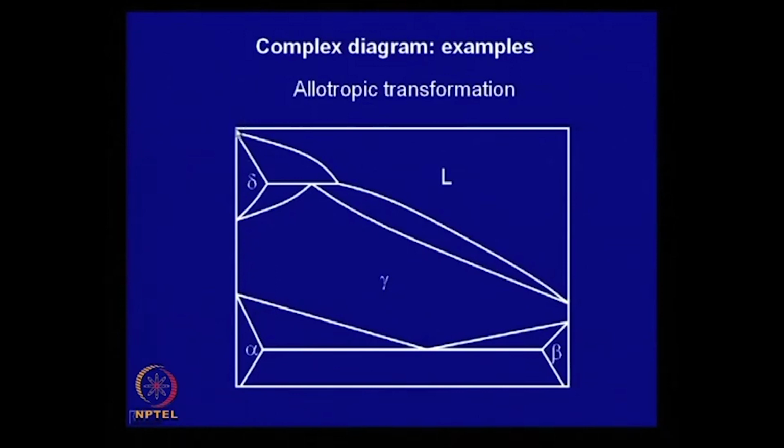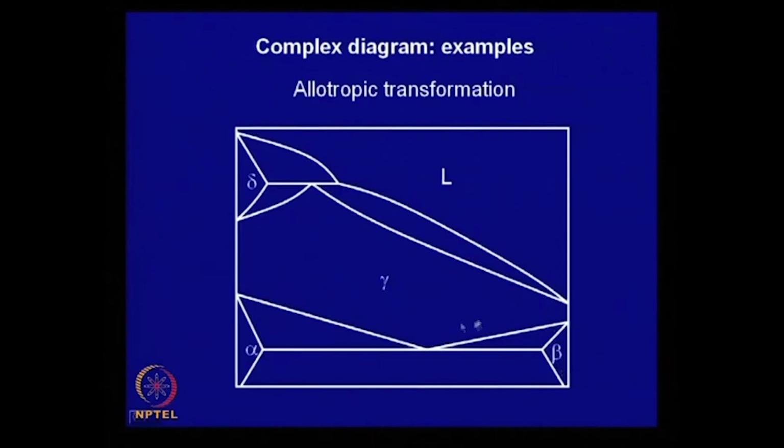So, pure A in this particular case, solid A, undergoes one allotropic transformation, delta to gamma, at this temperature, and again from gamma to alpha at this temperature, and there is a eutectoid transformation at a lower temperature, where gamma dissociates into a mixture of alpha and beta.